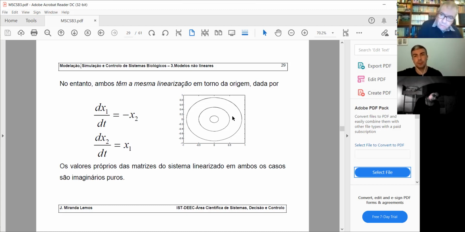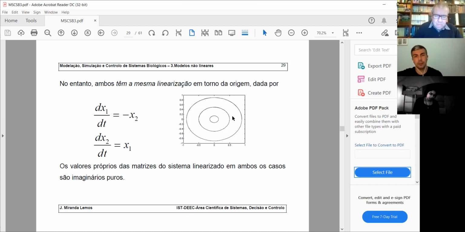But if you linearize and all the eigenvalues have negative real part, you can say the nonlinear system is asymptotically stable. If at least one eigenvalue has positive real part, you can say the equilibrium point of this nonlinear system is unstable.